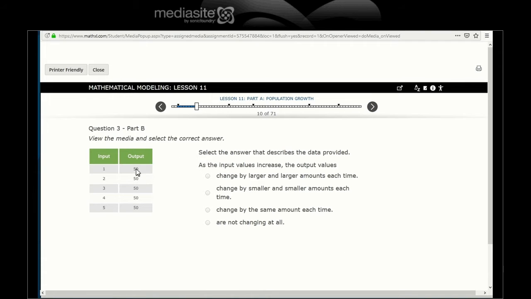Okay, again, same thing, no changes. Select the answer that describes the data. As the input value increases, the output value changed by larger amounts, changed by smaller, changed by the same amount, or not changing at all.